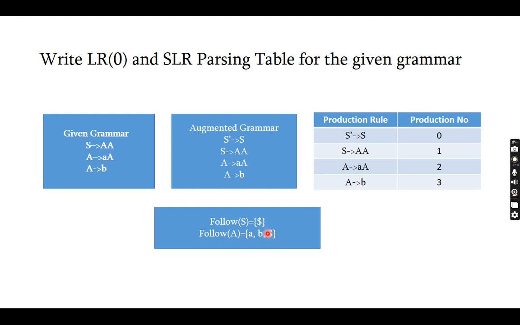I described how to find first and follow in the previous video, so go to the description box for the link if you want to see it. So we have computed the follow of S and A, numbered the productions, and converted the given grammar into augmented grammar, in which one production, S dash derives S, has been added.